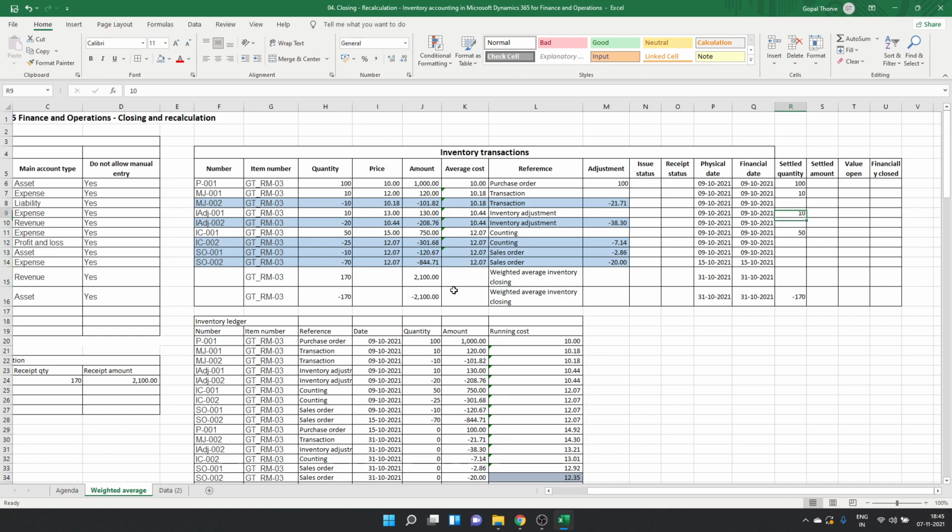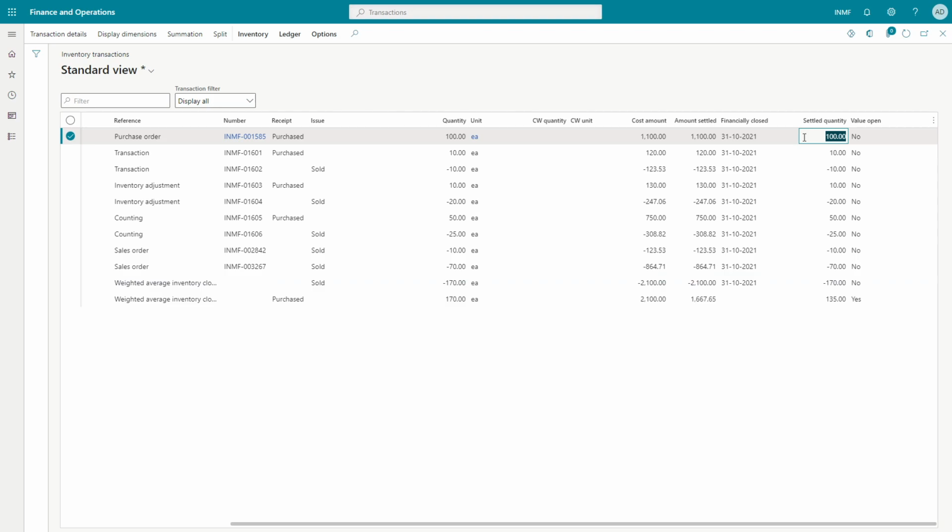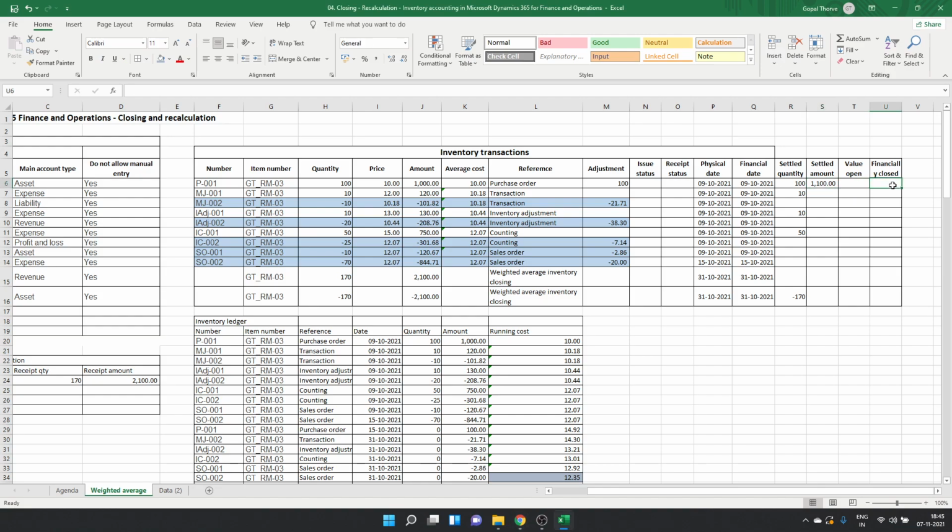So now here I have 1100, which is my amount which was posted originally plus adjustment, and is settled. If you see the purchase transaction, the amount is settled, total quantity is settled. So the identity of this transaction is closed, which is financially closed. Financially closed is 31st of 10, 2021, and my value open is no, because there is no more value open against this particular receipt transaction.